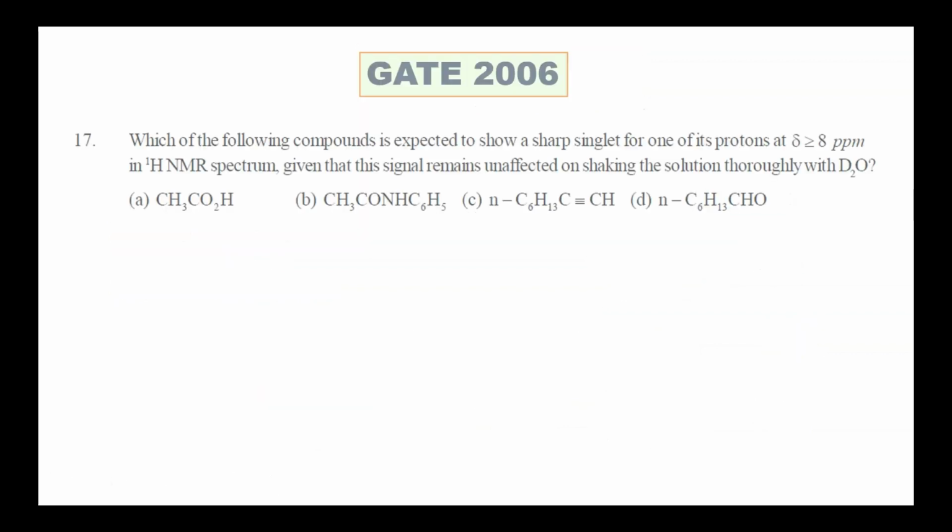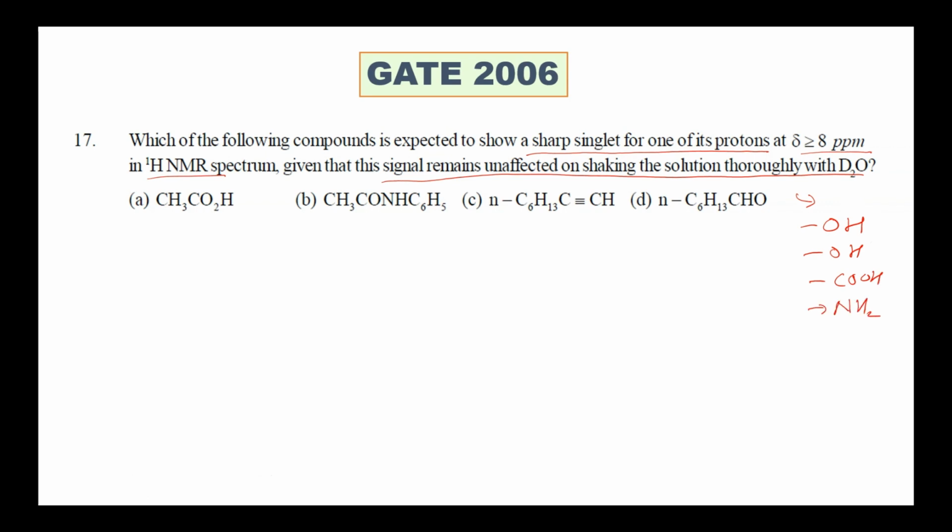The next one. It's a GATE 2006 question. They're asking that there is a sharp singlet for one of its protons at delta greater than 8 ppm in the proton NMR, and the signal remains unaffected on shaking with D2O solution. Since the signal remains unaffected on shaking with D2O, that shows that I do not have exchangeable hydrogen, that is alcoholic OH, phenolic OH, the carboxylic hydrogen, and the amine hydrogen.